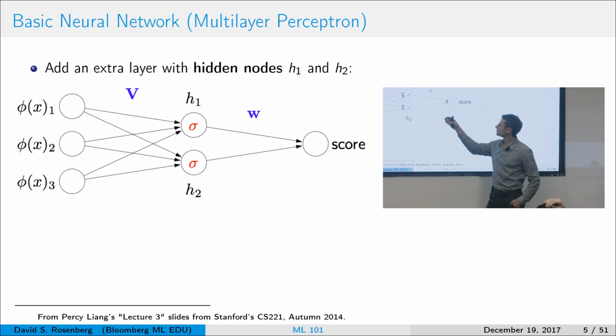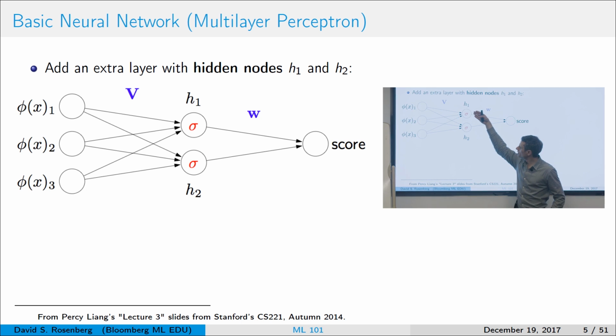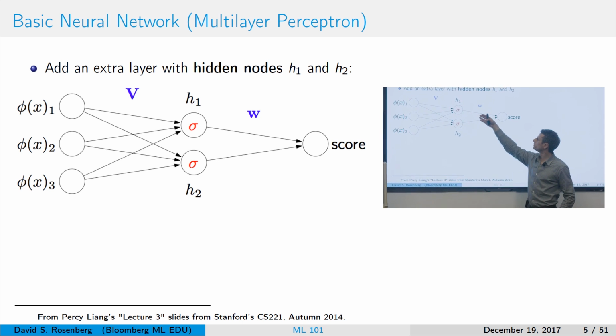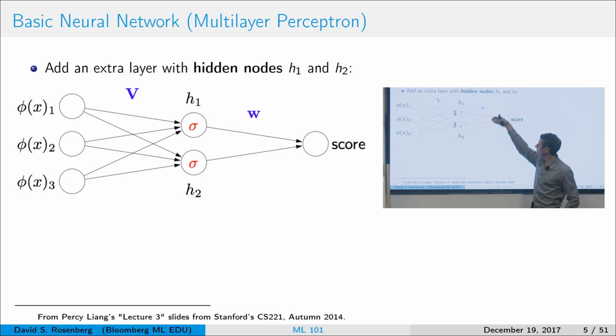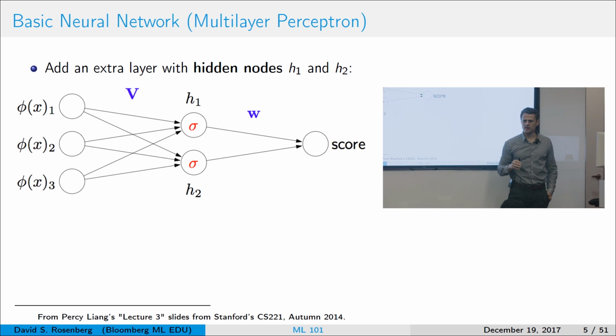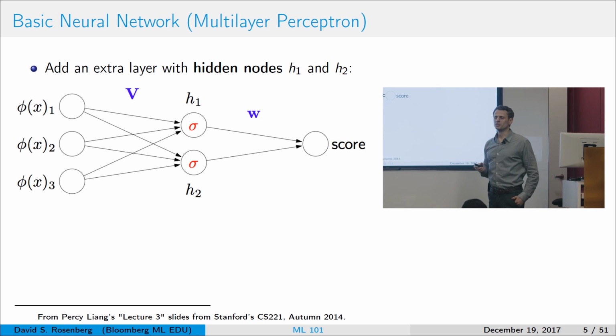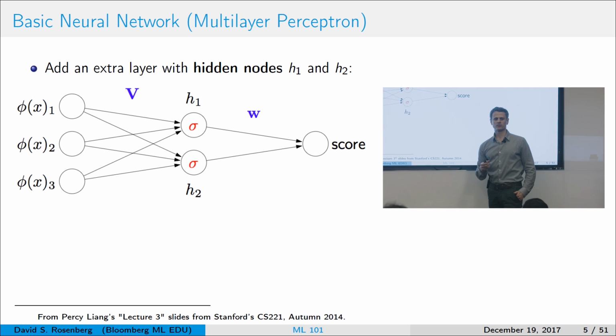So we have 2 different affine transformations of the input feature vector. And each of those is passed through some nonlinearity sigma, and they produce output. And then we finally have an affine combination of those to produce the score. This is the simplest, what's called a multilayer perceptron, which is the classical neural network.